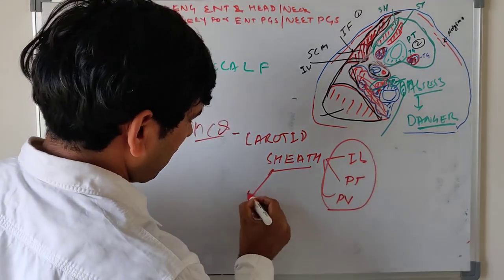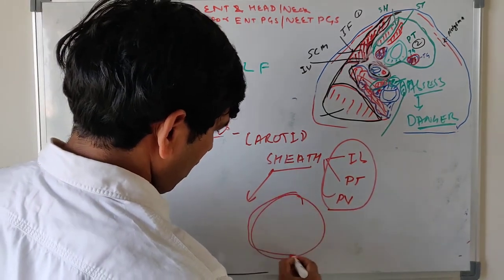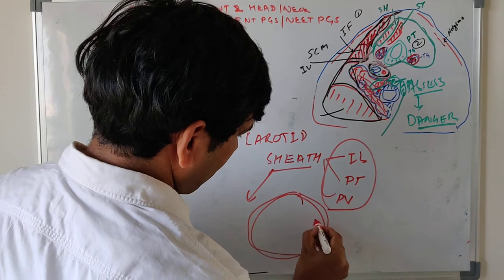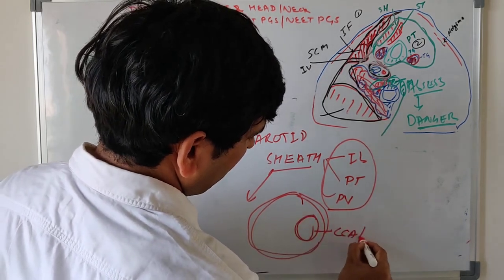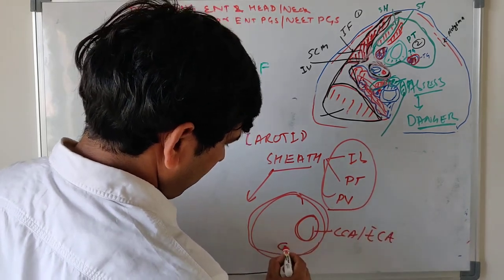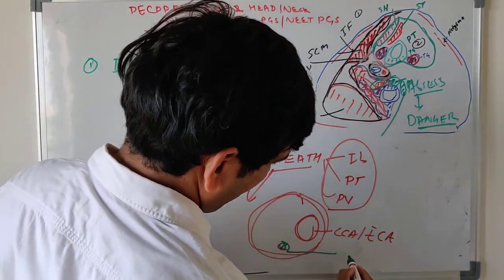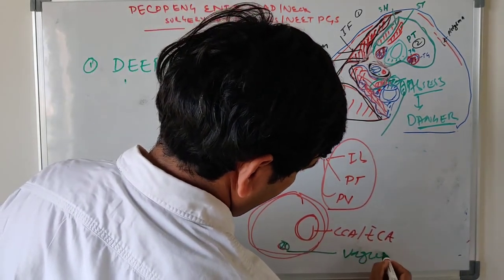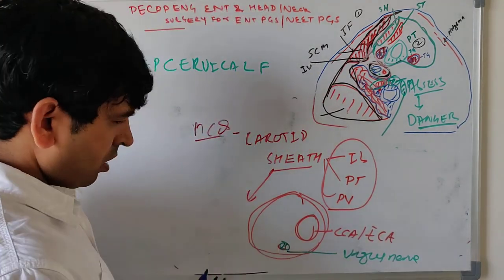Now, contents of the carotid sheath. This is the carotid sheath. Medially, it is the carotid artery, common carotid artery or internal carotid artery. Behind this is the vagus nerve and a vein.